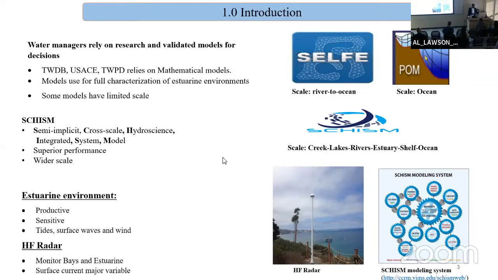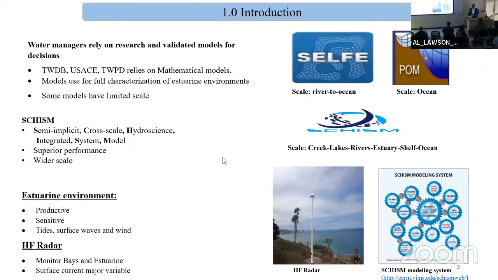So, as I mentioned before, some of these models are limited in scale in the sense that they don't traverse a very large length from the creeks to the ocean scale. However, the SCHISM model, which stands for Semi-Implicit Cross-Scale Hydroscience Integrated System Model, which is heralded as the next gem of the coastal hydrodynamic model, has proven to perform very well at a very large scale, including creek to ocean scale, not forgetting the estuary and the pair element.